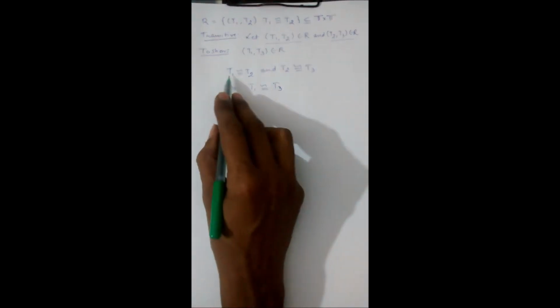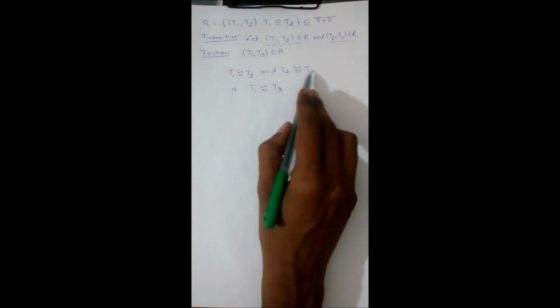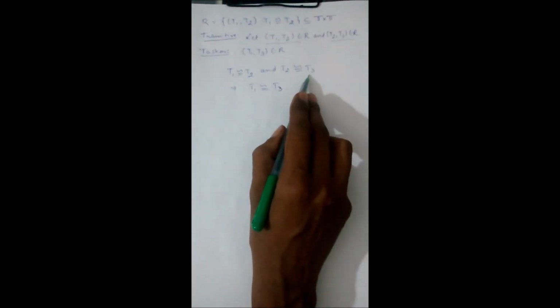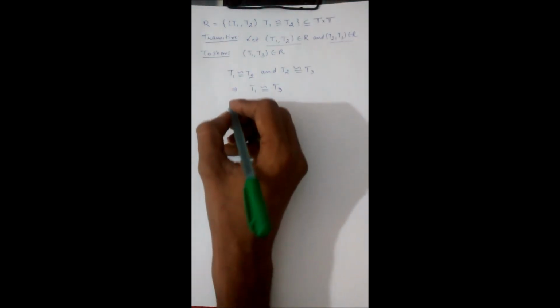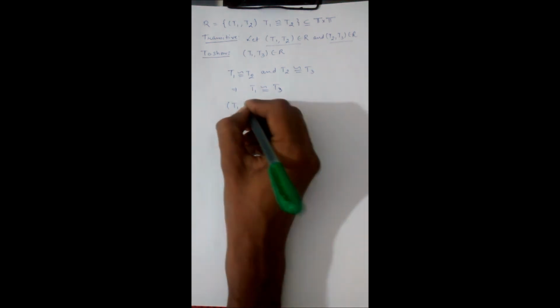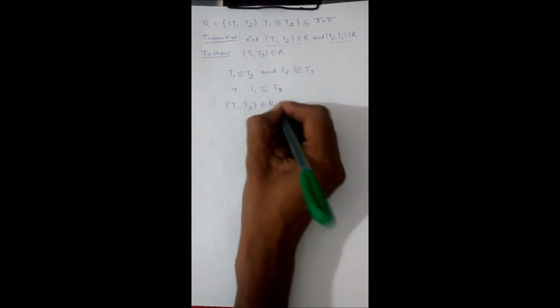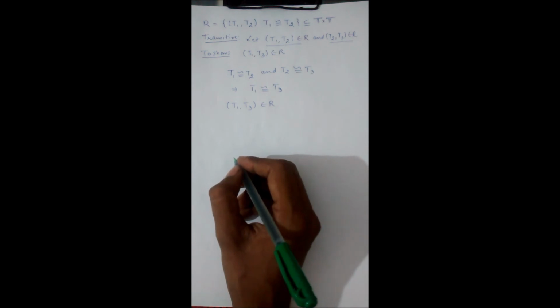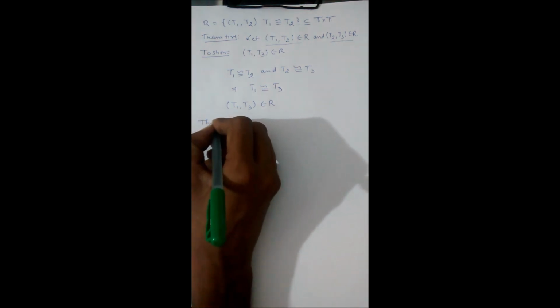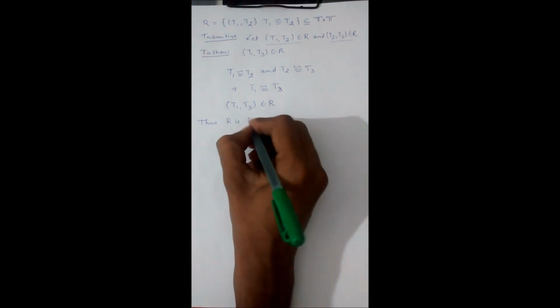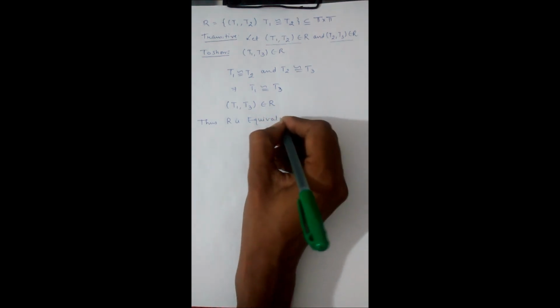Because if any two triangles are congruent and these two triangles are congruent, T1 must be congruent to T3. So if T1 is congruent to T3, then the pair (T1, T3) must belong to the relation R. So this makes my relation R transitive, and because now relation R is reflexive, symmetric and transitive, R is an equivalence relation.